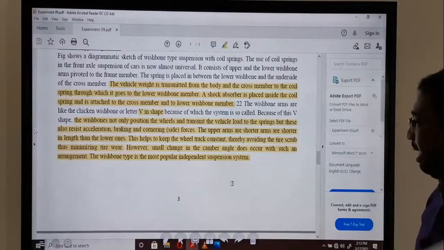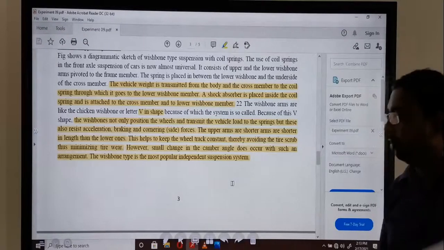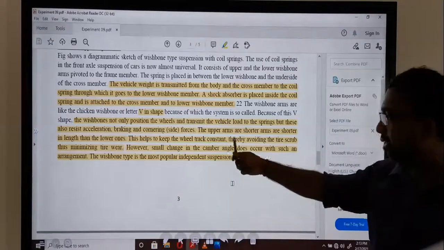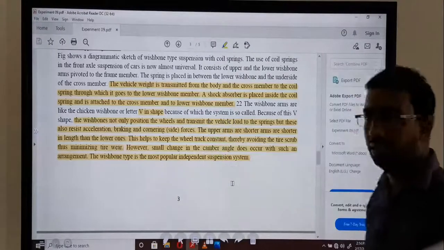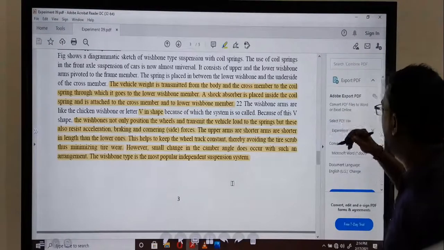However, a small change in the camber angle does occur with such an arrangement. The wishbone type is the most popular independent suspension system. We can observe there is a small change in camber angle. I already explained camber.